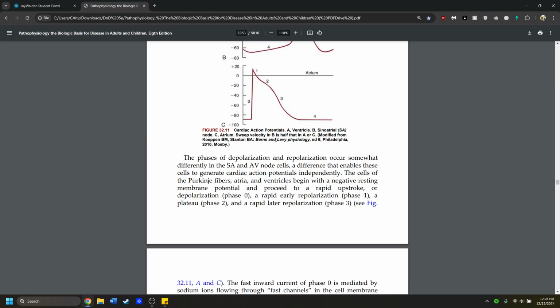The phases of depolarization and repolarization occur somewhat differently in the SA and AV node cells, a difference that enables these cells to generate cardiac action potentials independently. The cells of the Purkinje fibers, atria, and ventricles begin with a negative resting membrane potential and proceed to a rapid upstroke or depolarization, phase 0, a rapid early repolarization, phase 1, a plateau in phase 2, and rapid later repolarization in phase 3.